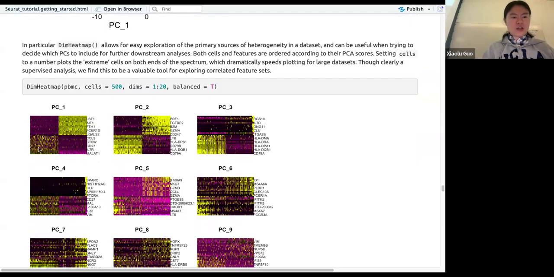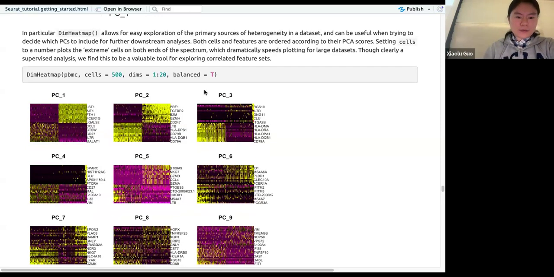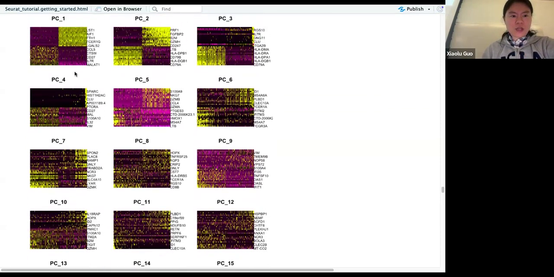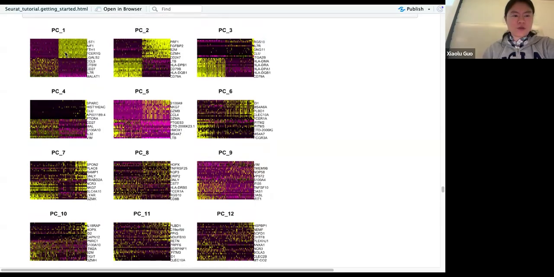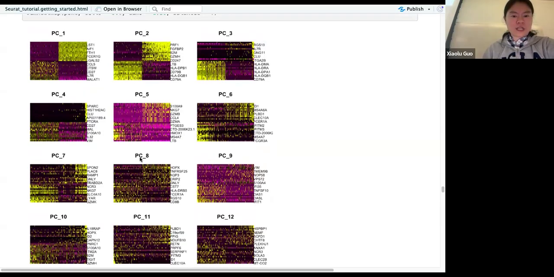Each column is a cell and each row is a gene. And here only 20 genes are listed, and those 20 genes are the highly correlated genes within PC1, etc.